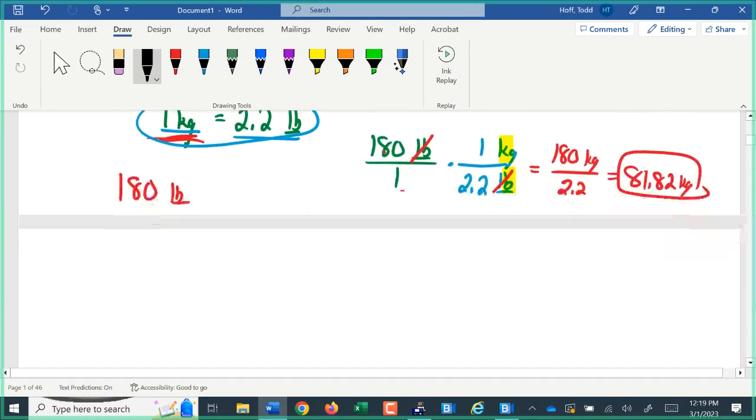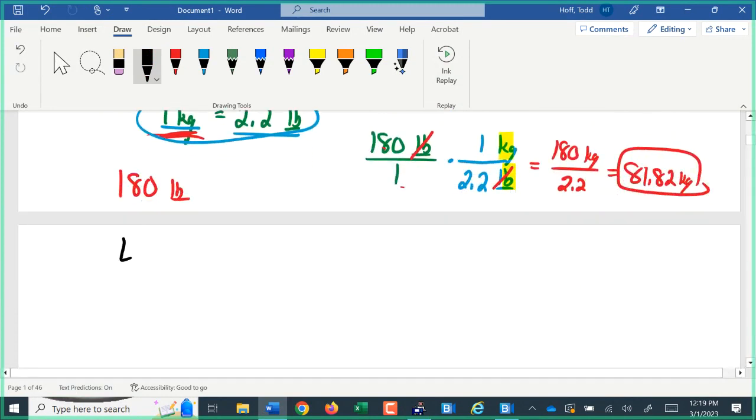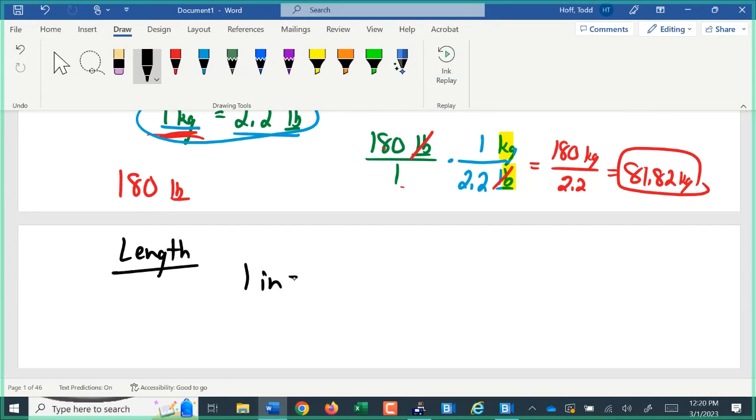Next, we have our units of length. 1 inch is equal to 2.54 centimeters.